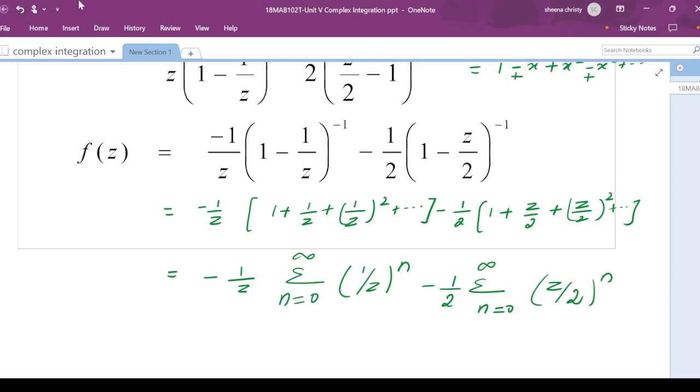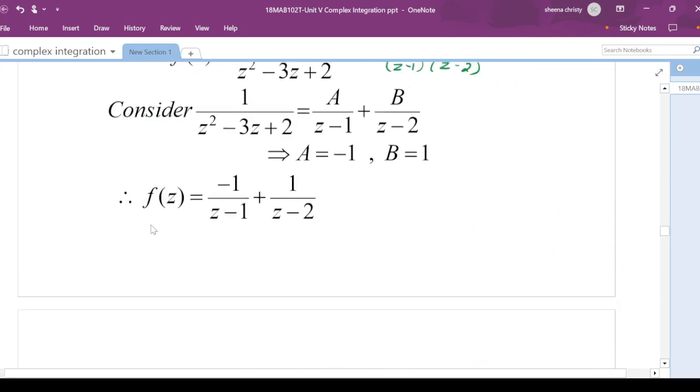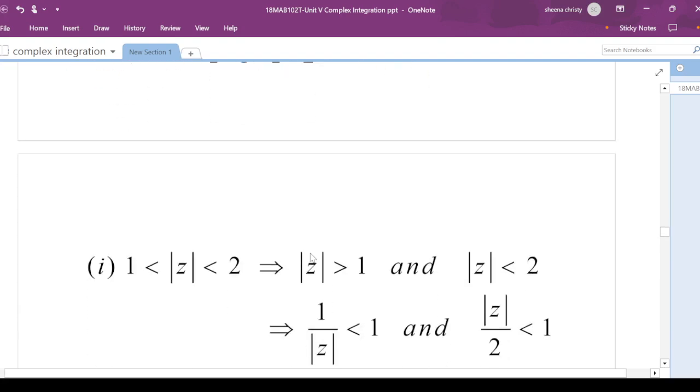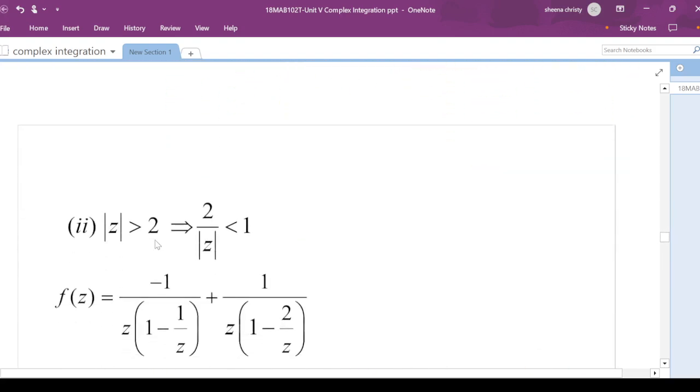Now in the second region, what is the second region? We have |z| greater than 2. So both terms, -1/(z - 1) and +1/(z - 2), you have to expand in the region |z| > 2.